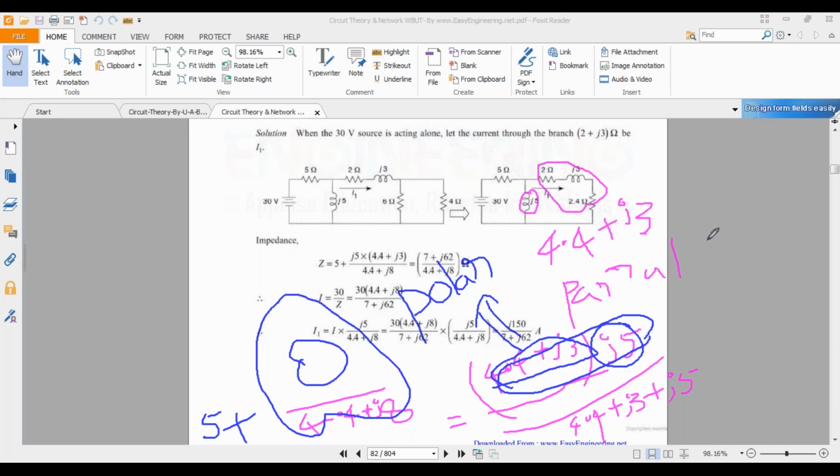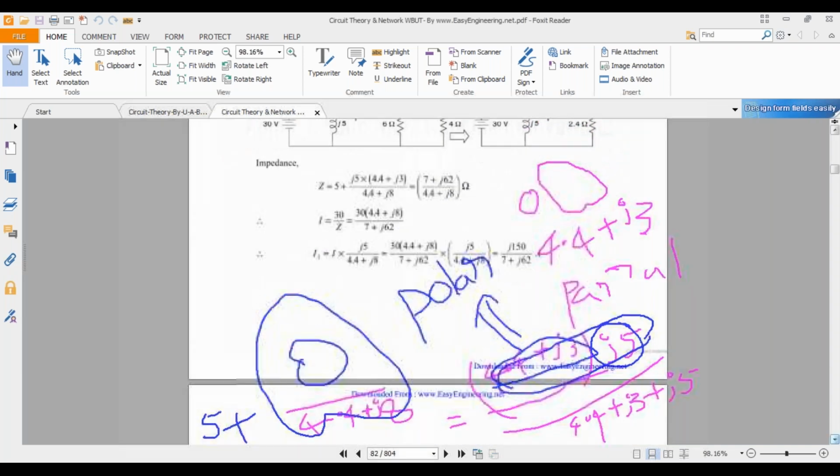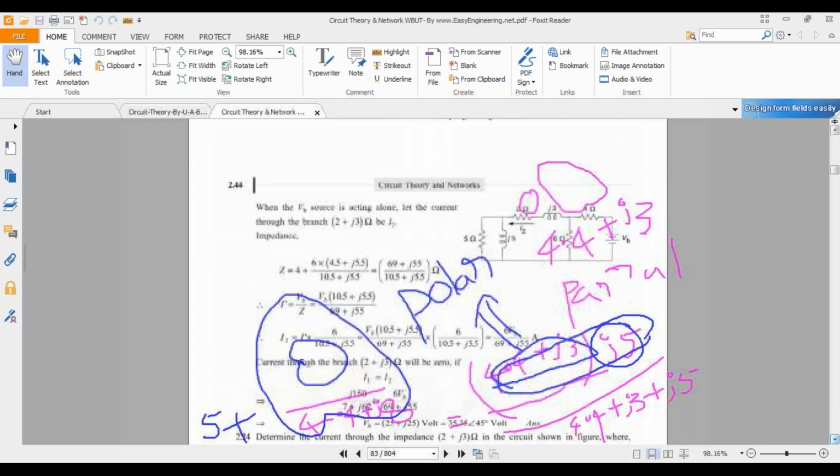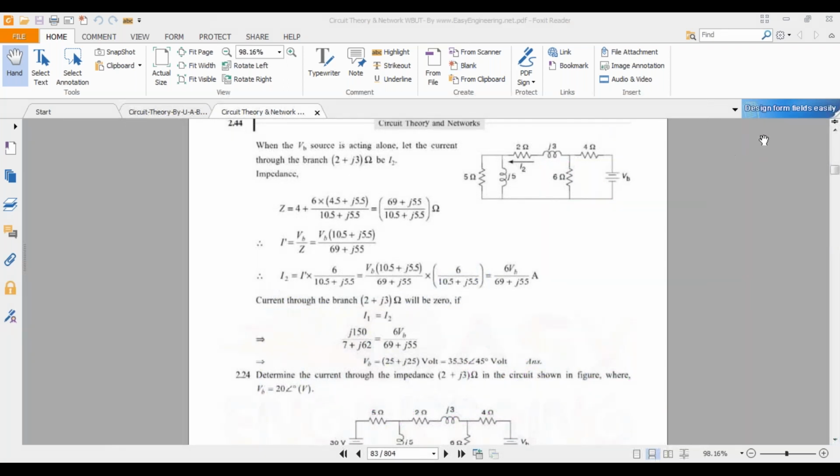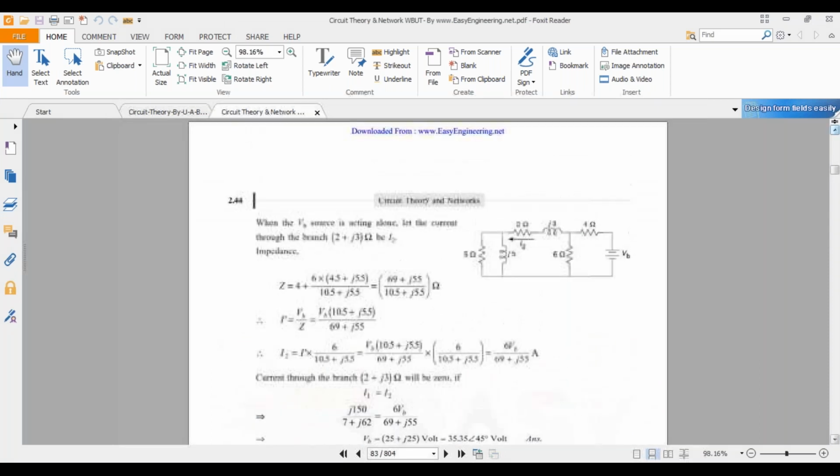But the only thing is that you need to perform multiple transformations from rectangular form to polar form, or again from polar form to rectangular form. In that manner you can find the response due to the first voltage source.